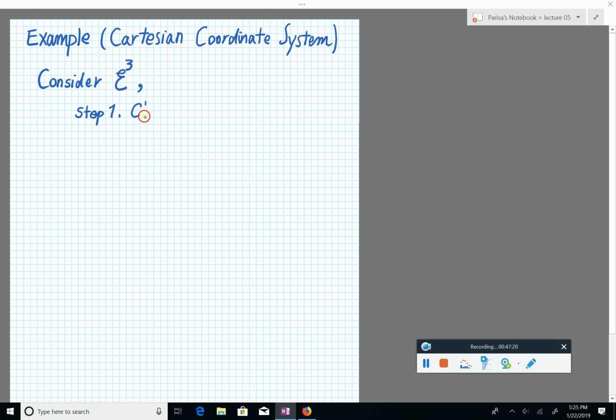So we choose a point O which belongs to this Euclidean space arbitrarily. And since we know that this is a Euclidean point space, we can also choose a basis.